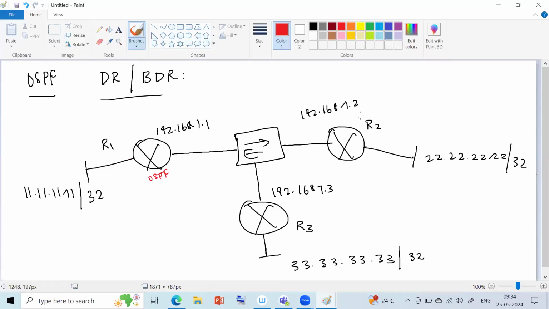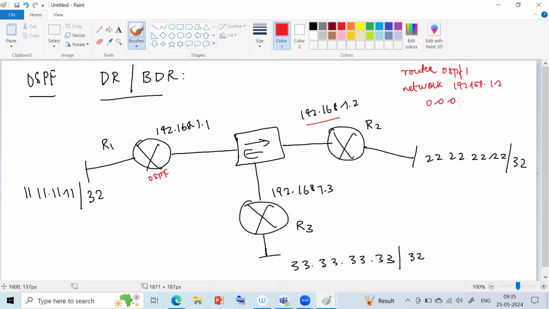I'll go to this router. I'll say router OSPF 1. I'll say network 192.168.1.2.